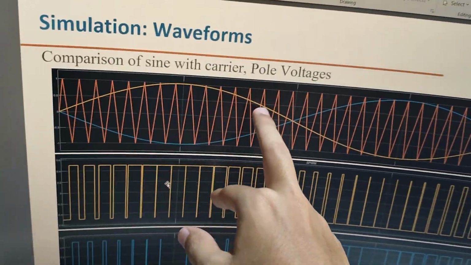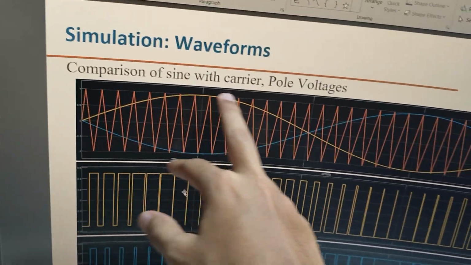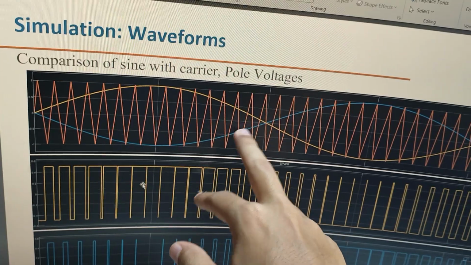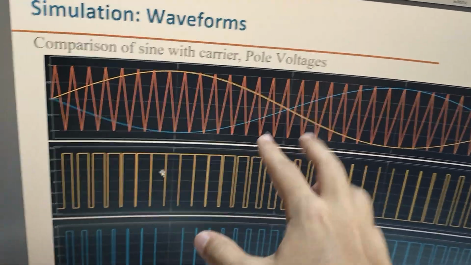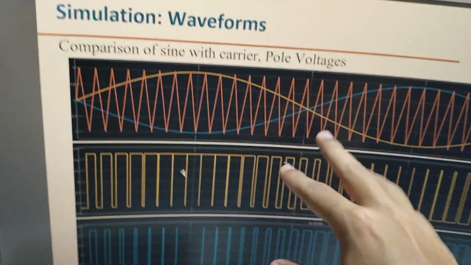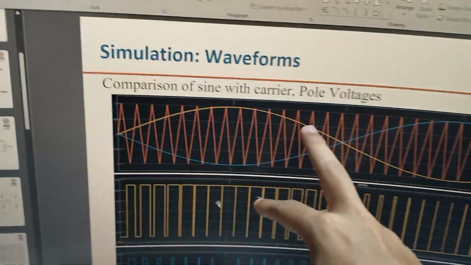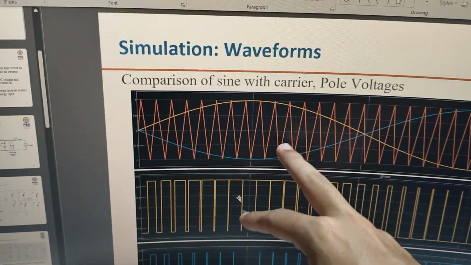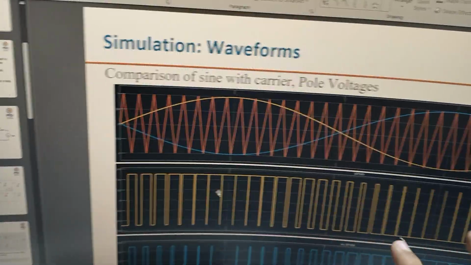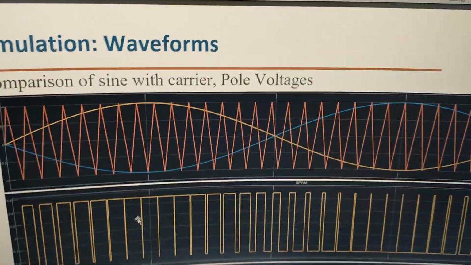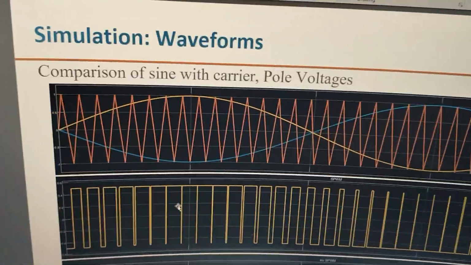What that means is that the zero crossing of this is at this point, and the zero crossing of this one will be at this point, so it arrives 180 degrees later, basically one half cycle later. And same as before, you compare the yellow reference with your carrier, as well as compare your blue reference with the carrier, and you will get two sets of PWMs there. You'll get two pulse trains.